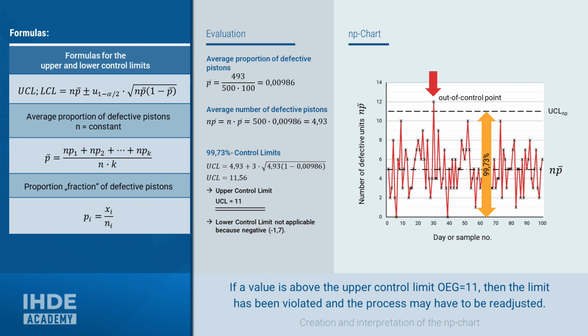The probability that one of the values is above the control limit is less than 0.27%. If such a rare event occurs, it is an indication that the process is no longer under control. The cause must then be determined and the process readjusted if necessary.